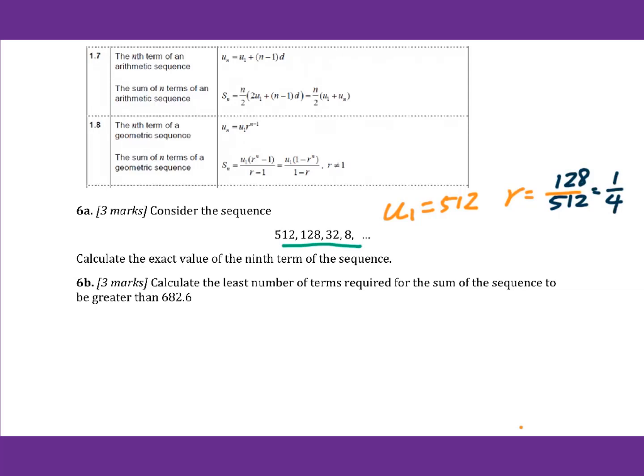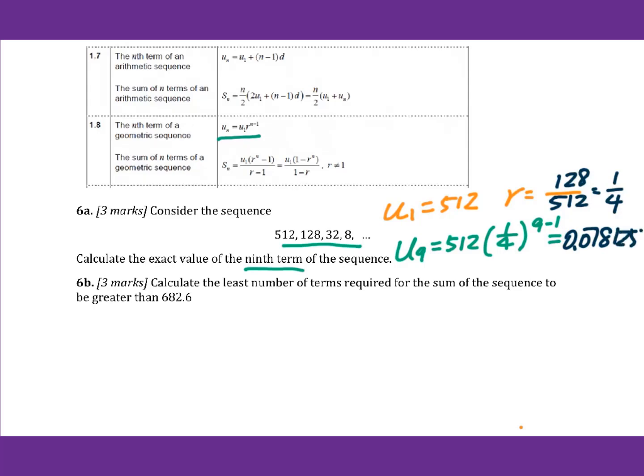Therefore, for the 9th term, we use this formula. u sub 9 equals 512 times 1 over 4 to the 9 minus 1's power equals 0.078125.